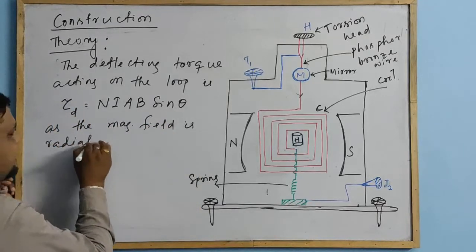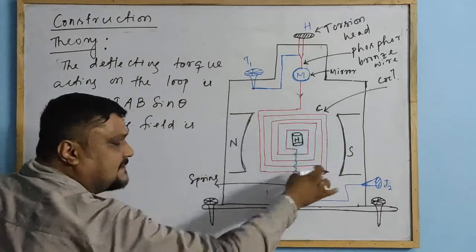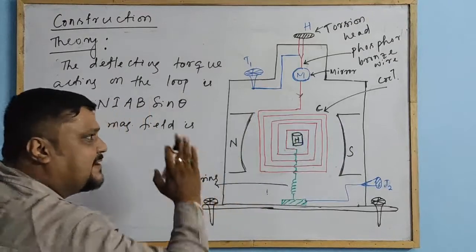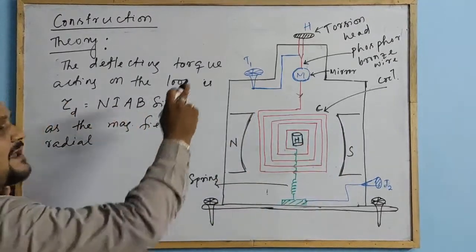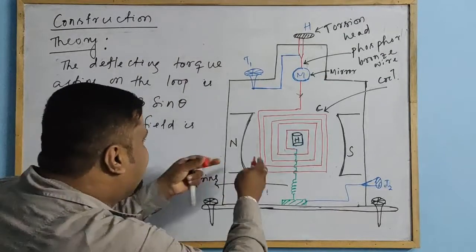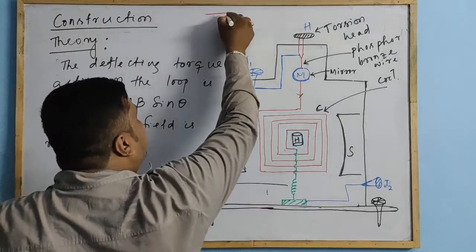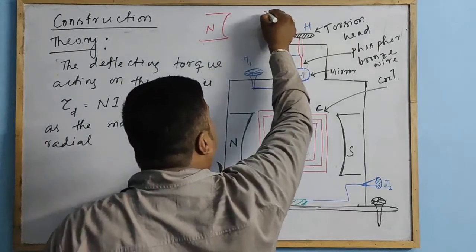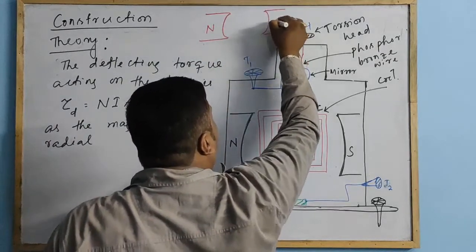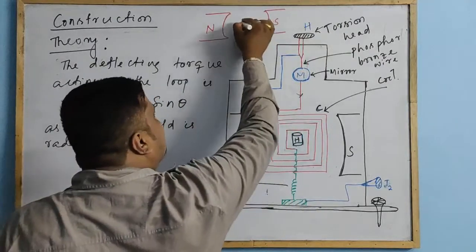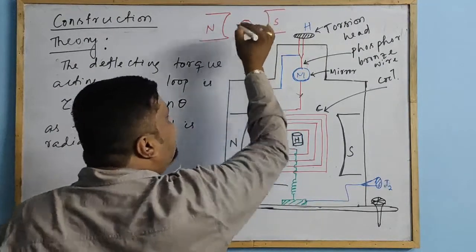Why radial? Because this is cylindrical and there is a soft iron core. I will draw what it looks like when you take the cross section. When the poles are spherical like this, north pole and south pole, and this is the cylindrical soft iron core.